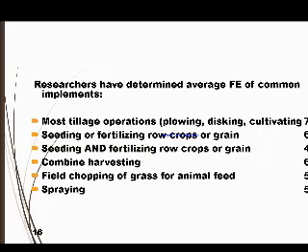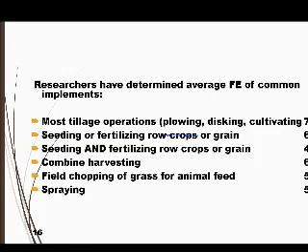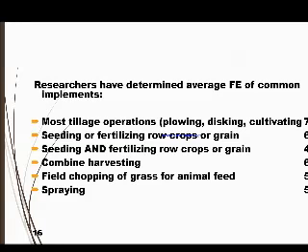So why? You might want to think about this, because the operator has to stop frequently to refill the grains, refill the seed, as well as refill the fertilizer. So that's why the field efficiency of the machinery is less.